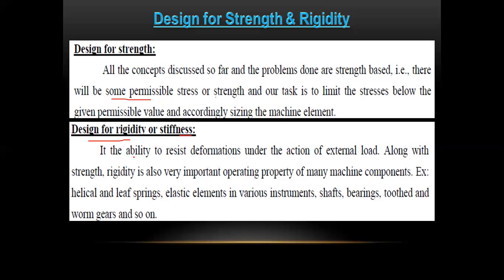It means the ability to resist deformations under the action of external load. Along with strength, rigidity is a very important operating property of many machine components, for example helical and leaf springs, elastic elements in various instruments, shaft bearings, toothed gears, worm gears, and so on.